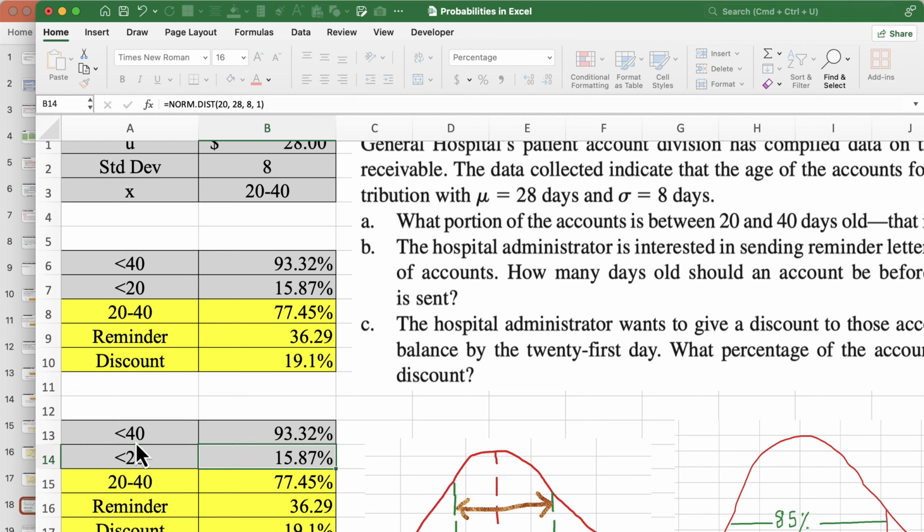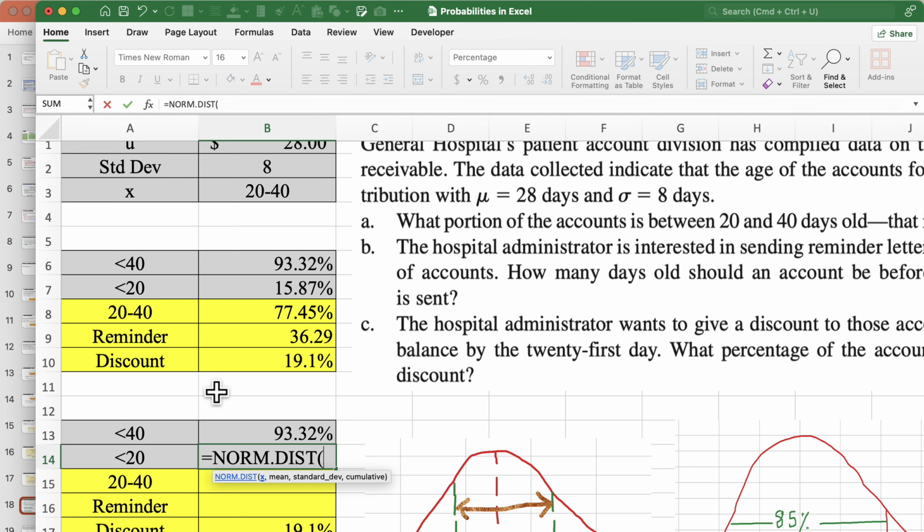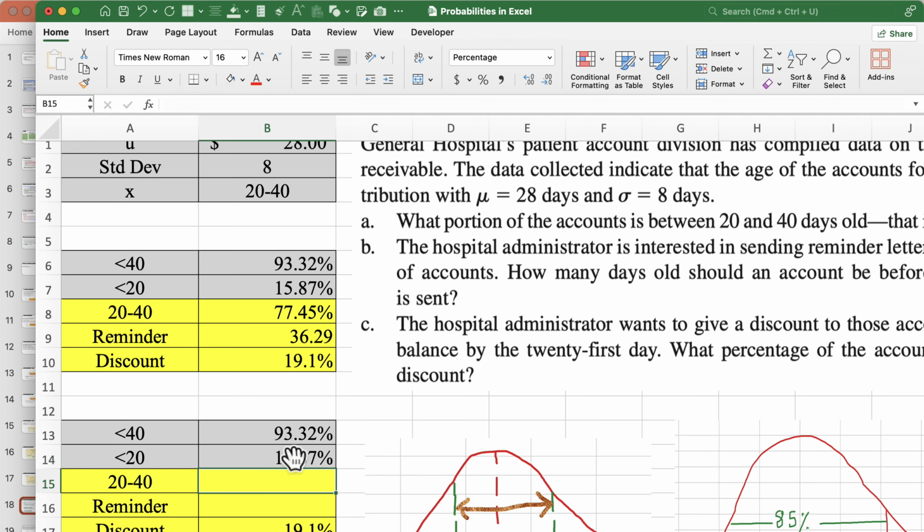So if I hit enter, that gives us 93.32%. Then I want to calculate the probability of less than 20, and for that it will be NORM.DIST, and value of X will be 20, mean will be 28, standard deviation is also 8, and cumulative is true because again I want to calculate the probability of 20 and less than 20, and that's 15.87%.